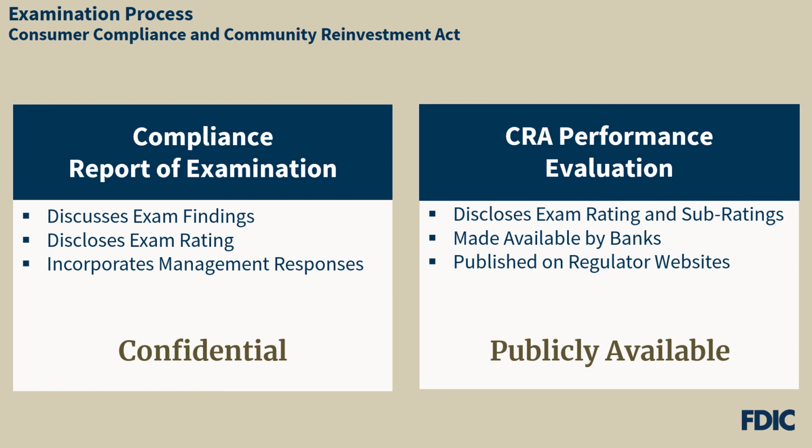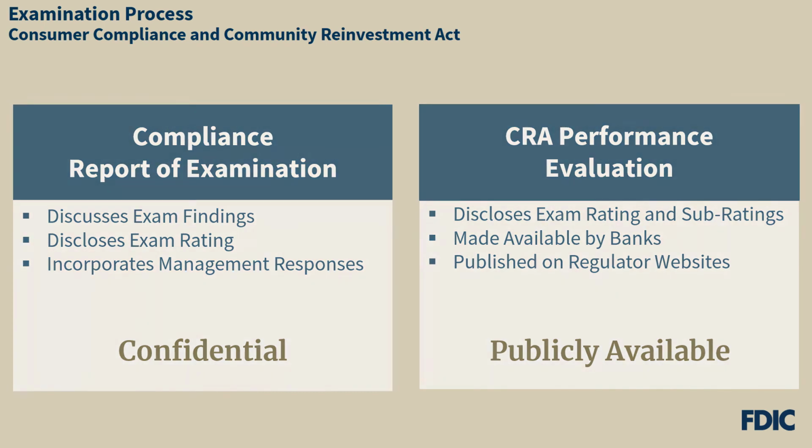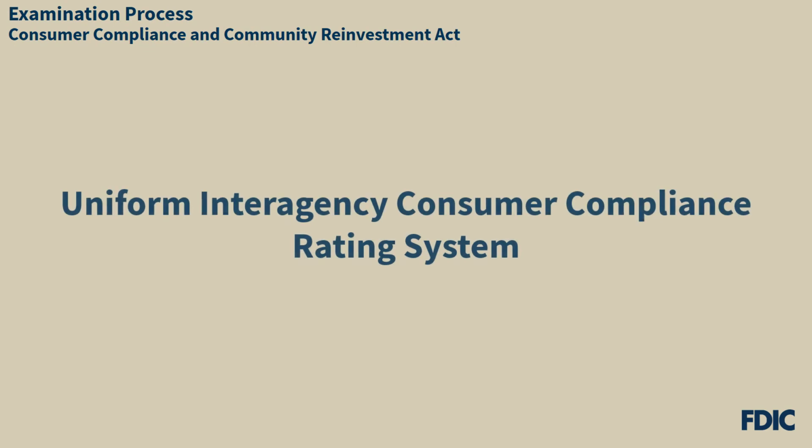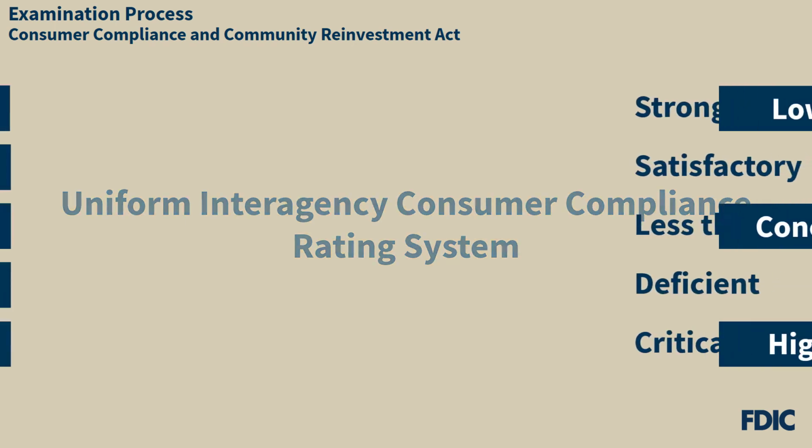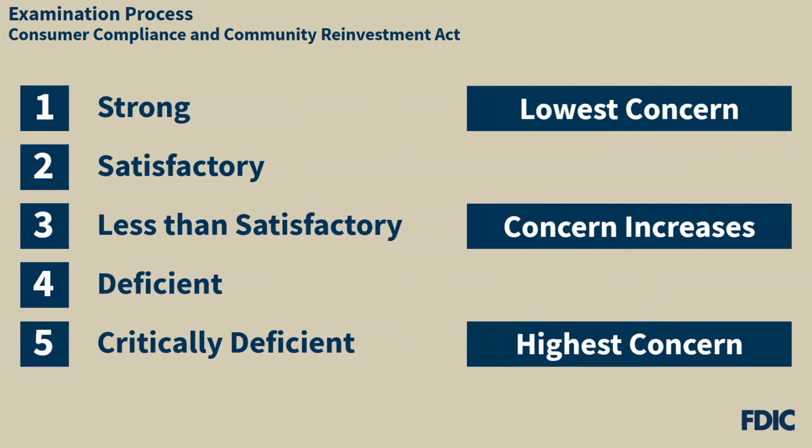The Office of the Comptroller of the Currency and Federal Reserve Board publish CRA performance evaluations for banks they supervise on their websites. Ratings for consumer compliance are defined by the Uniform Interagency Consumer Compliance Rating System. The rating system assigns a numerical value from 1 to 5, with 1 being the highest and 5 being the lowest.